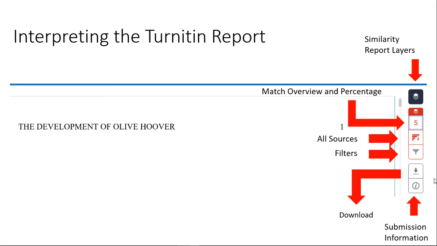Not all these functions may be necessary, depending upon the assignment and whether the professor has activated all of them. Both layers and filters may not be changeable. The main functions that will be used are the match overview and percentage, all sources, and download.